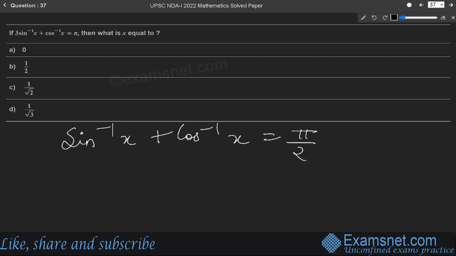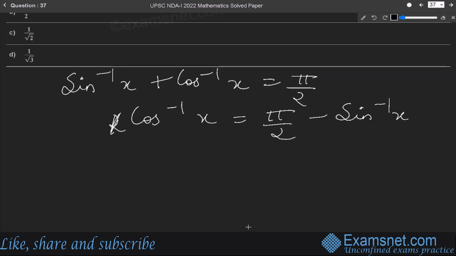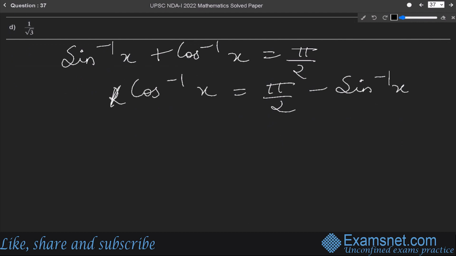And from here I can get the value of cos inverse x, which is equal to pi by 2 minus sin inverse x. Is it clear? So now in the question we have to replace the value of cos inverse x. So the question is 3 sin inverse x plus cos inverse x is equal to pi.